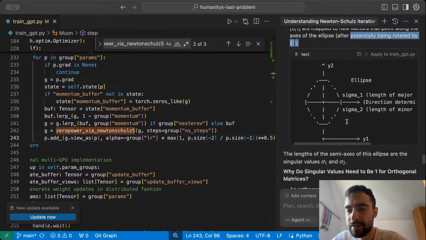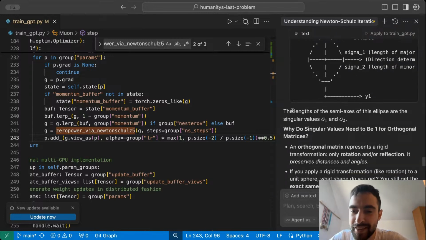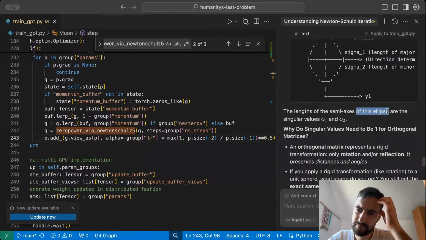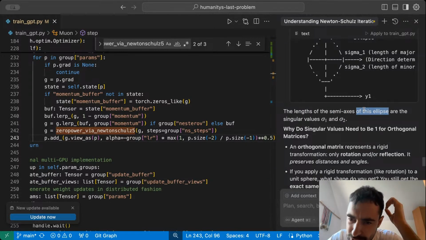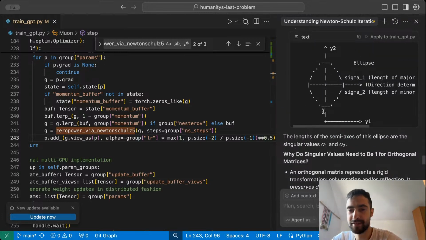And that's all I can explain. I don't know why. That's it. The lengths of the semi-axis of this ellipse, what is semi-axis? Is this like y-axis?